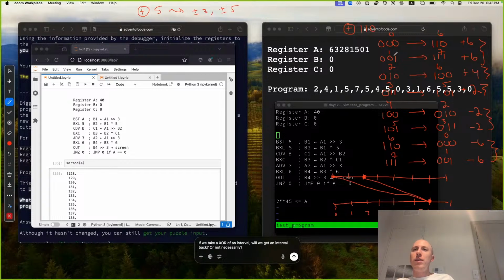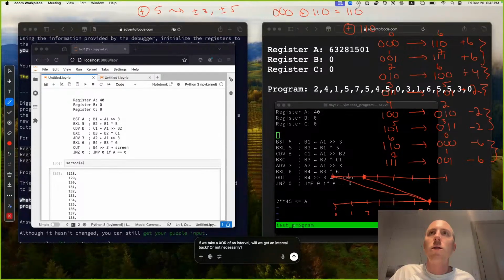Let's just confirm that both 0 and 2 XOR to 6. 1, 1, 0.